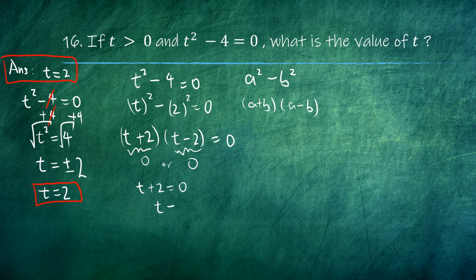So that's when t is equal to negative 2, or when t minus 2 is equal to 0. So that's when t is equal to positive 2, which is our answer because we know once again t is greater than 0 from the question.